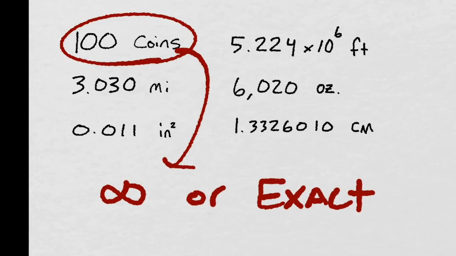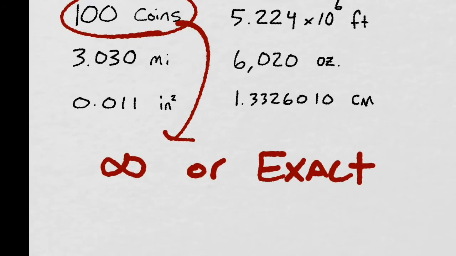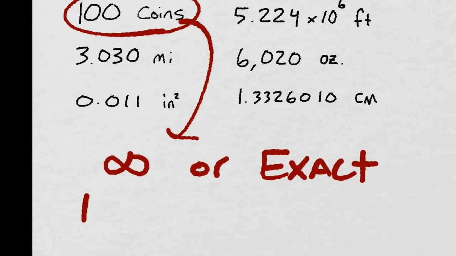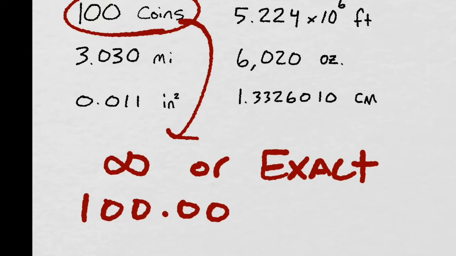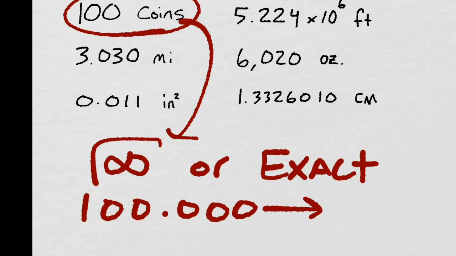So for 100 coins, whether we say 100 coins or 100.0 or 100.00 or 100.000, we can go out forever, which is why we can say that it has an infinite number of sig figs. So when we're counting, we don't refer to there being some number of sig figs. We say that it's exact, or we say that there's infinite.